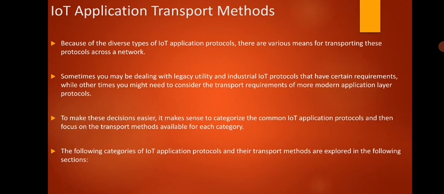We will have confusion about which kind of protocol should be used. To make this decision easier, it makes sense to categorize the common IoT application protocols and then focus on the transport methods available for each category. Just consider 4 different varieties of issues we may face in data transmission from the sender, like the smart device, to the application layer.